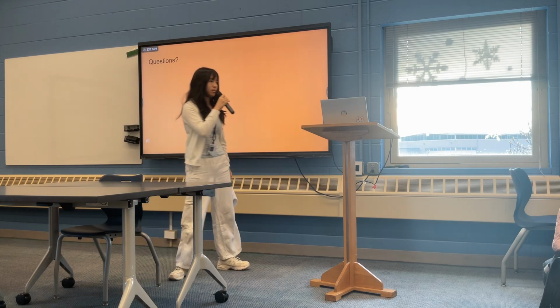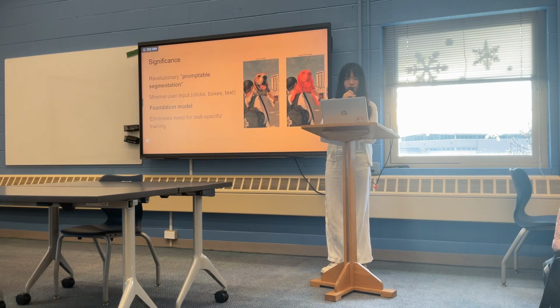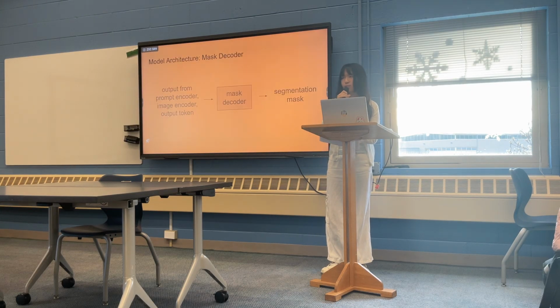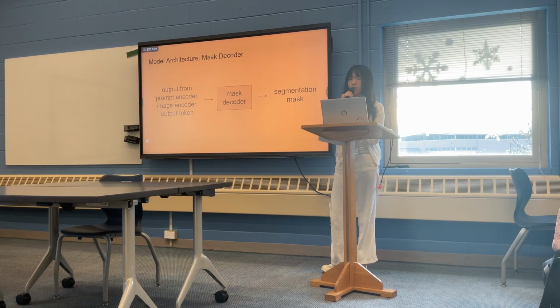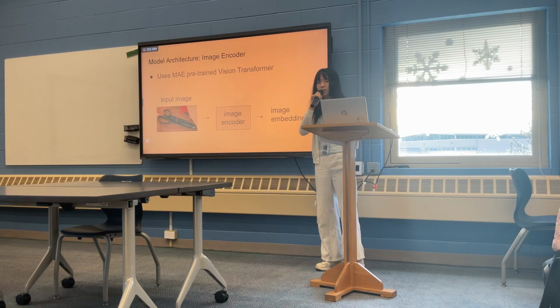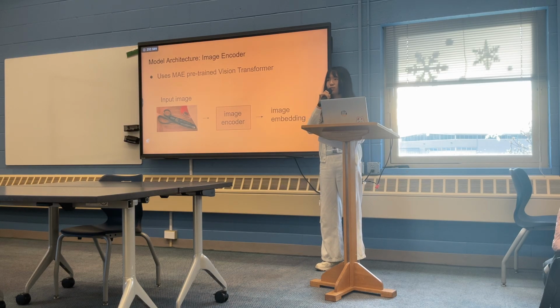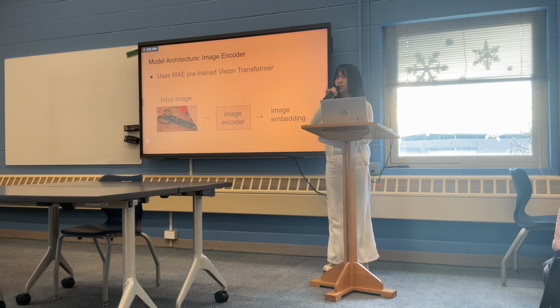Yeah, so I guess I can talk a little bit more about the model architecture. So previously I was mentioning that the model is made of two encoders, an image encoder and a prompt encoder, and then a mask decoder. And the image encoder uses a vision transformer. So you may have heard of text transformers.